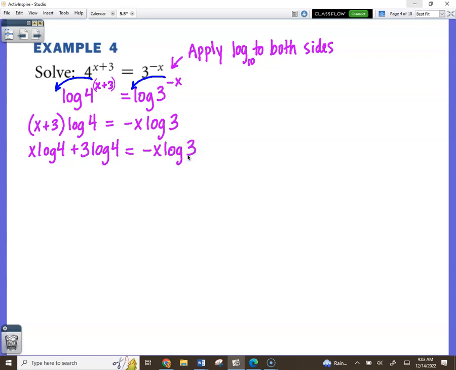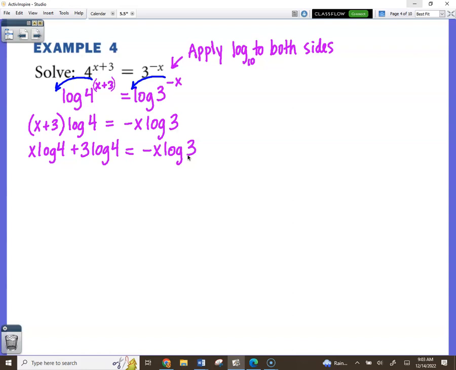Now here's where some people get stuck. Remember, the goal is solve for x, right? Well, if I need to solve for x, then don't I need them on the same side? And don't I need anything that doesn't have an x to go to the other side?